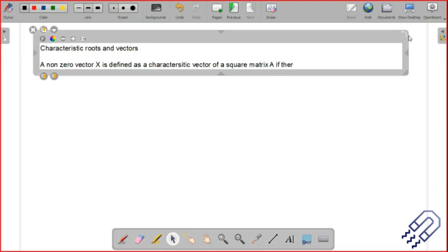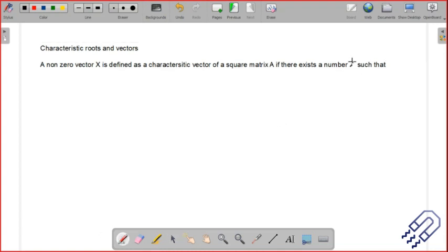If there exists a number lambda such that Ax is equal to lambda x, okay.